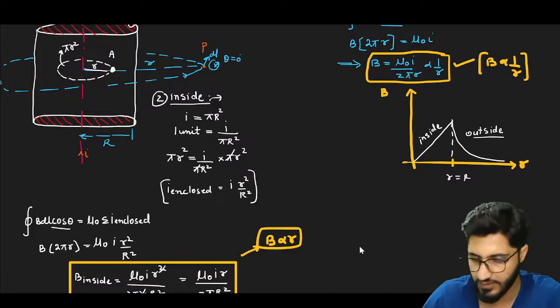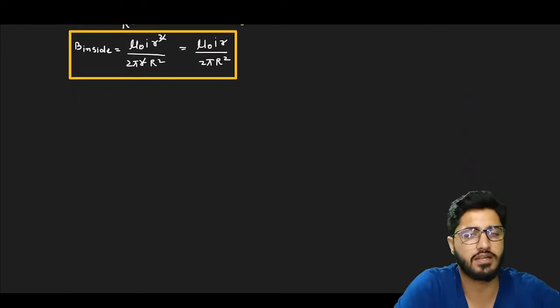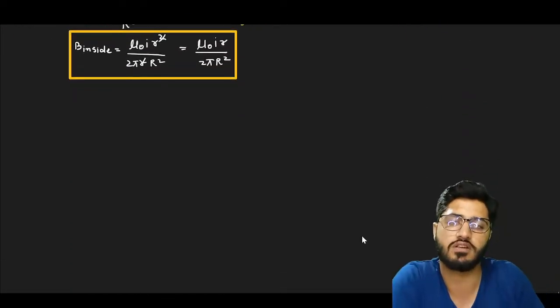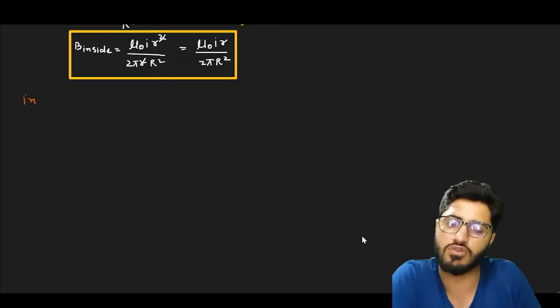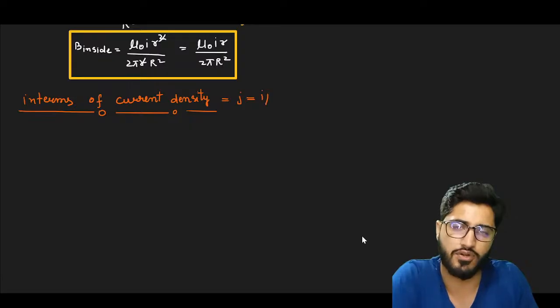Super easy. Now, let us suppose in my numerical, if current is not given, I can write in terms of current density. Do you know what current density basically is? So current density is J, which equals current per unit area.